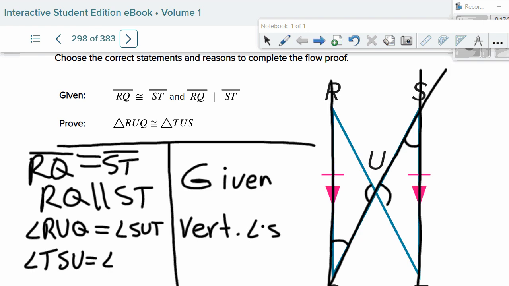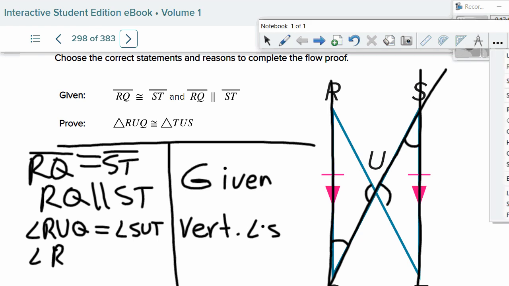Wait a minute, sorry, I said that wrong. Timeout. Gotta make sure you get the vertex in there. I had it right the first time.